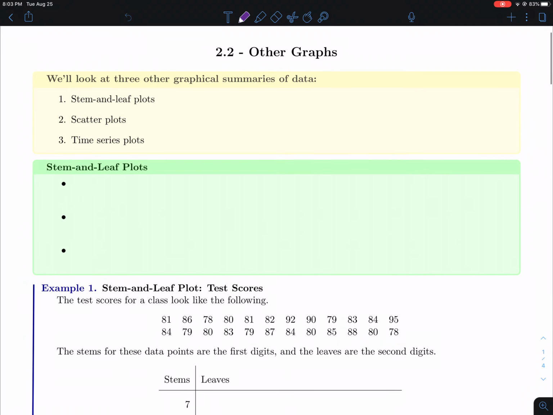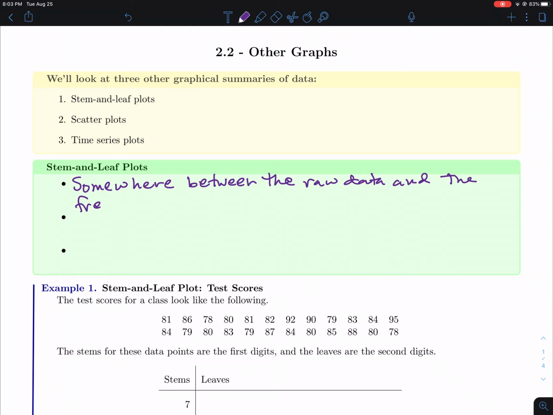So a stem and leaf plot is somewhere between the raw data and the frequency table. What I mean is the raw data would just be the big list.